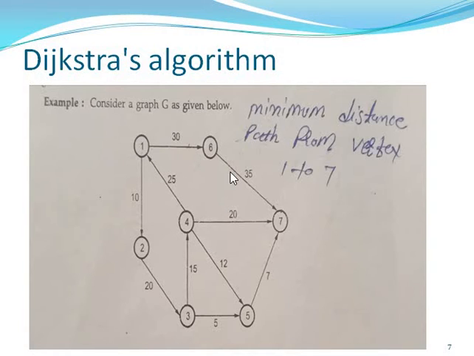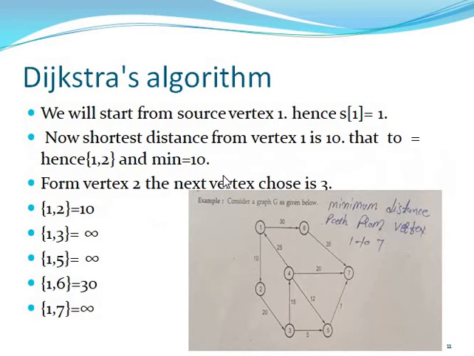So you can find the minimum distance using Dijkstra's shortest path algorithm. You can start here, we start at node 1, and then find the distances. 1 to 2, the distance is 10. 1 to 3 is infinite. 1 to 4 is not provided, you can put infinite or not, it is not compulsory.